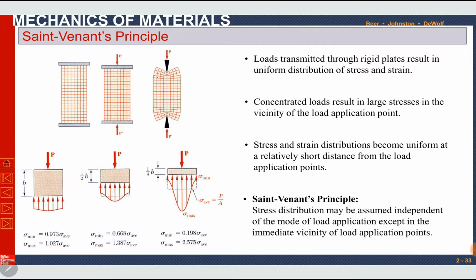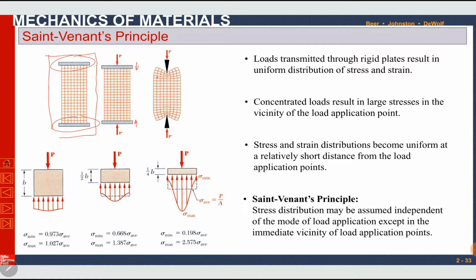Usually, when we apply point loads, point forces, they produce very large deformations at the point of application of force. Here in this diagram, you can see rigid plates at the two ends. If a force is applied through rigid plates, the rigid plates will compress the body equally through the width.